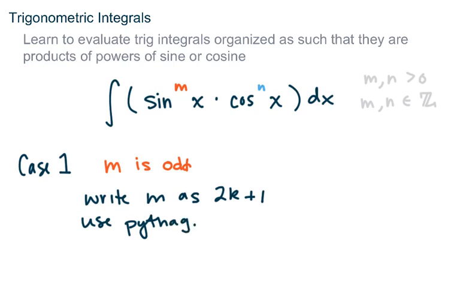That Pythagorean identity would be that sine squared x is 1 minus cosine squared of x.